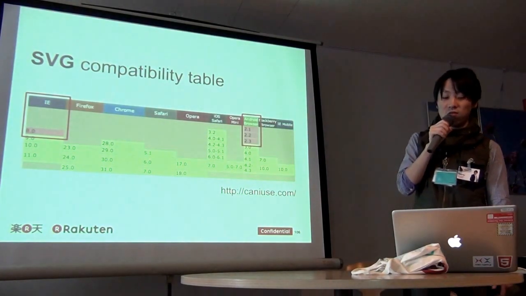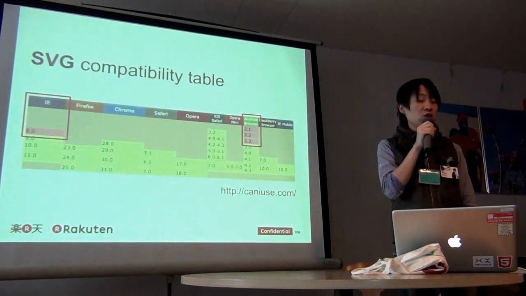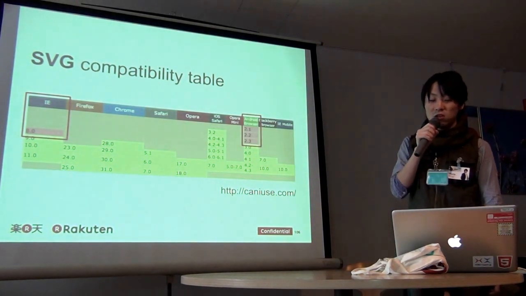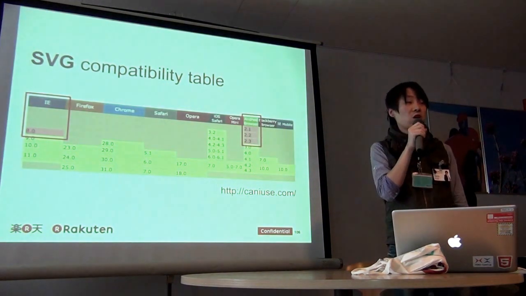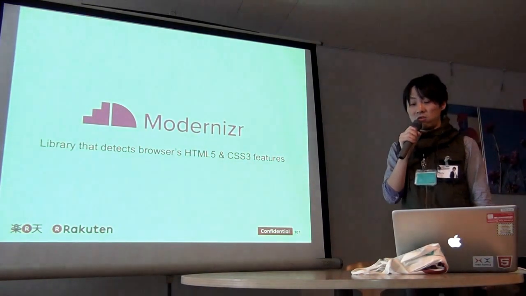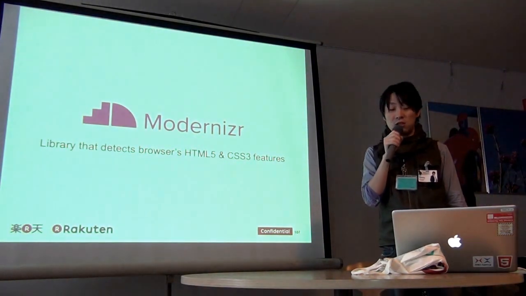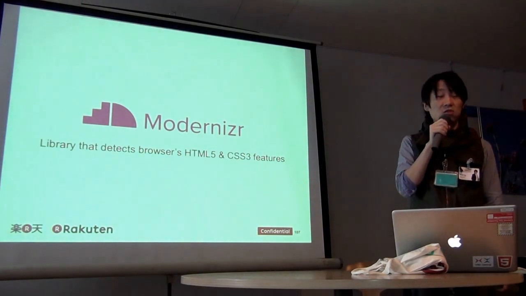SVG has a lot of merits. However, we cannot use it in all browsers. So we need to display an alternate image when the browser does not support SVG. We solved this issue by using Modernizr. It can detect browsers' HTML5 and CSS3 features.